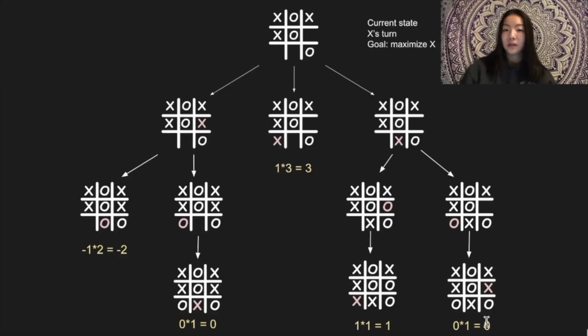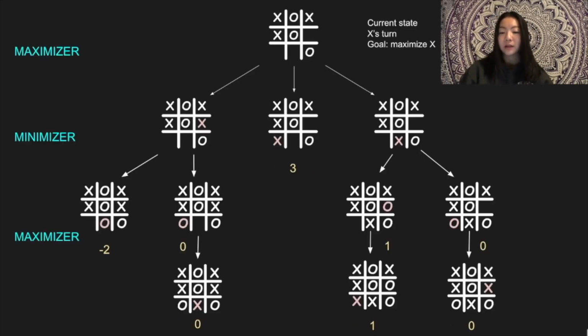Now that we have these utility values, we can propagate them back up to find the most optimal path to take. So at the very bottom level, we have a maximizer function because it's X's turn. There's actually no decision to be made in the bottom row because there's only one option, one path to take. In the second row, it's O's turn, and we assume that O will be taking their most optimal path, which means that we want to minimize the value that O has.